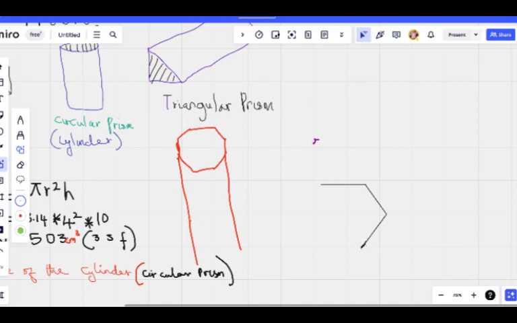Let's have this hexagon. Okay, this is hexagon, right?